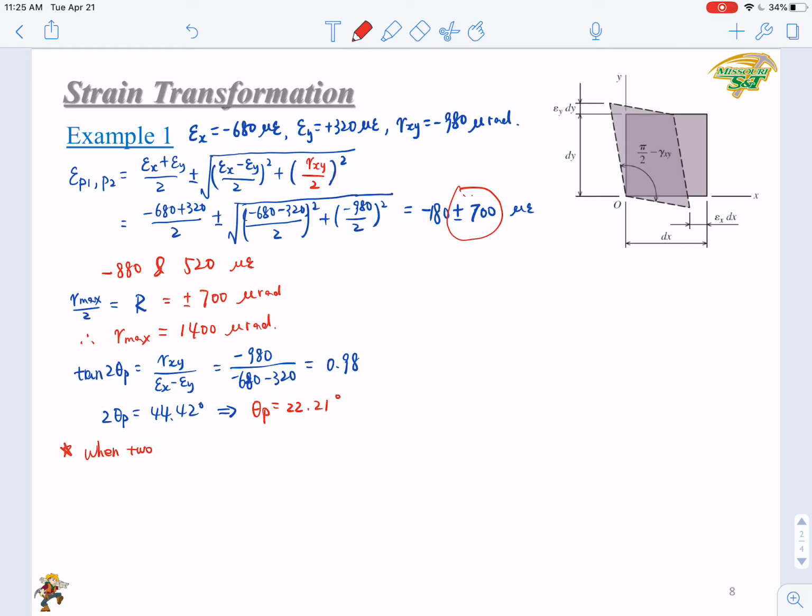When the two principal strains have the same sign, the absolute maximum shear strain equals what?